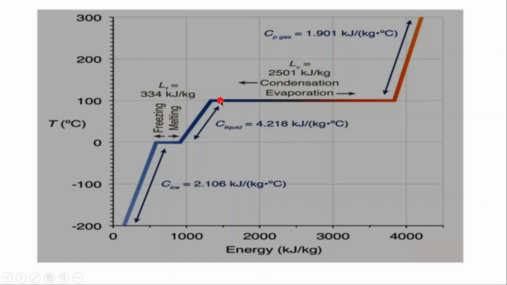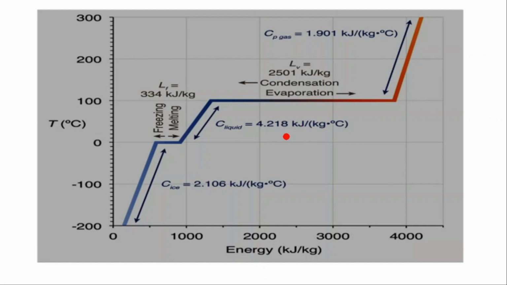We are changing the phase, water to vapor. Here we need what we call latent heat of vaporization. Then we have vapor at 100 degrees Celsius, which will increase in temperature to vapor at 300 degrees Celsius. In this last stage, we need sensible heat again.